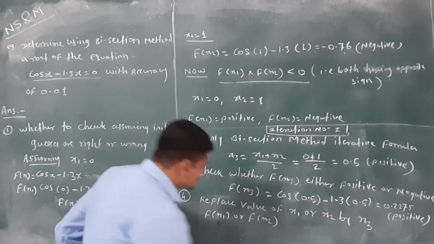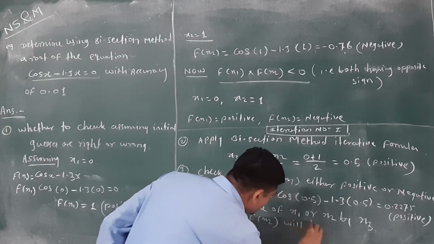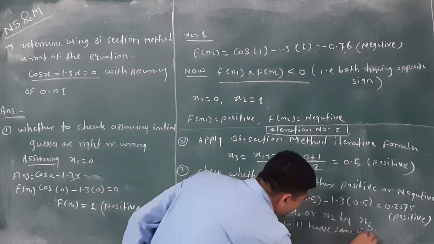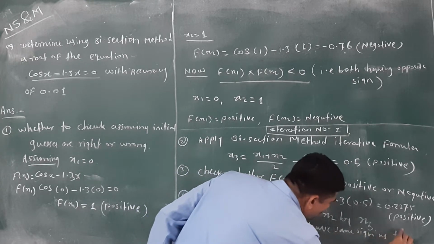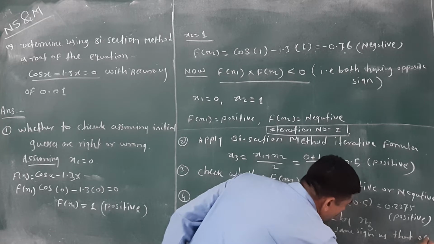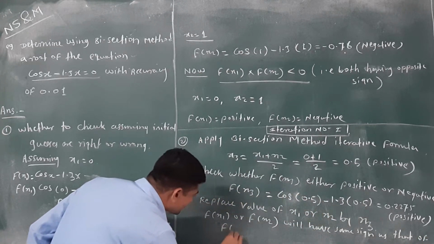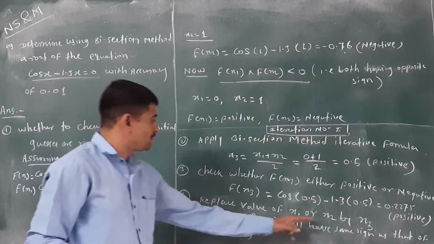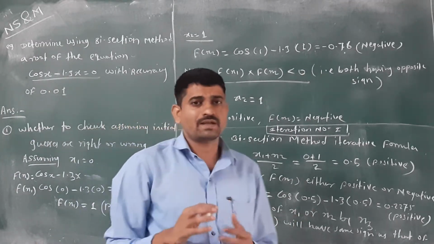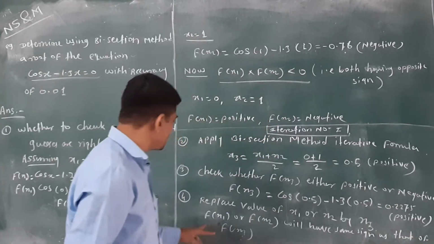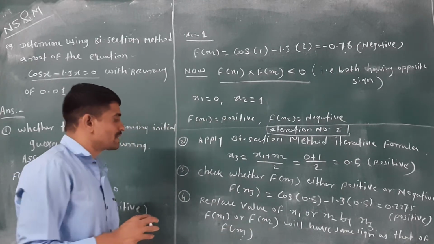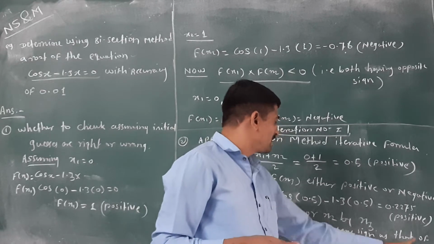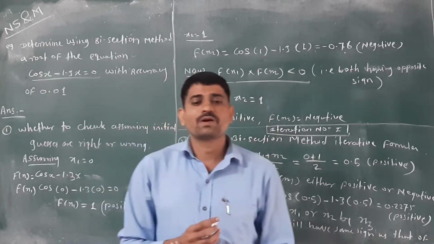They will have the same sign as that of f of x3. You have to check any one condition. First, replace the value of x1 or x2 by x3. Or second, f of x1 or f of x2 will have the same sign as that of f of x3.